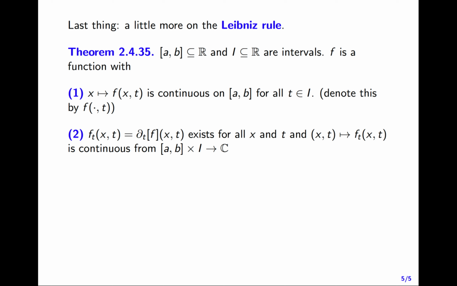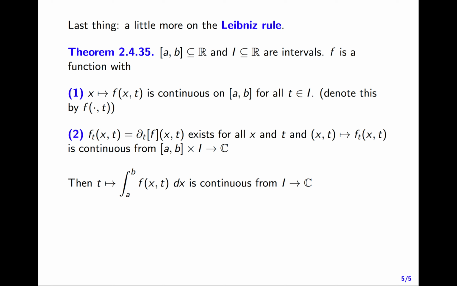If the notion of Cartesian product gives you pause, remember this is just all ordered pairs with first entry in the interval [a,b] and second entry in the interval I, and I do discuss this in our appendix on set theoretic notation. So I have this function of two variables. It's continuous in the x variable, and it's differentiable in the t variable, and the t derivative is continuous jointly in both x and t.